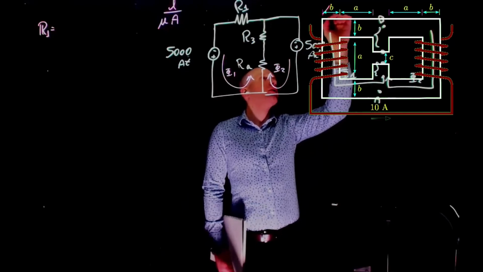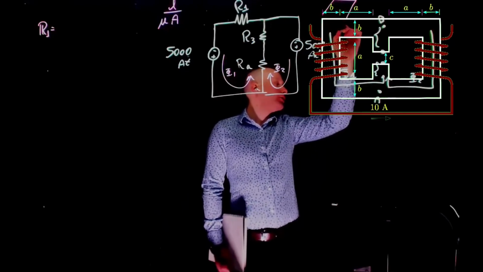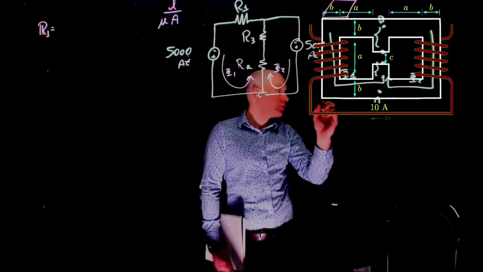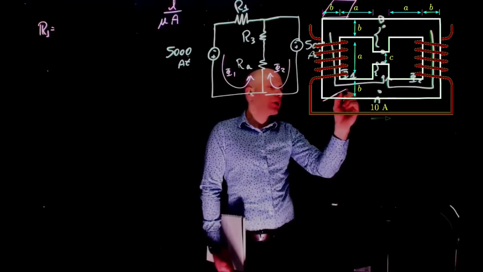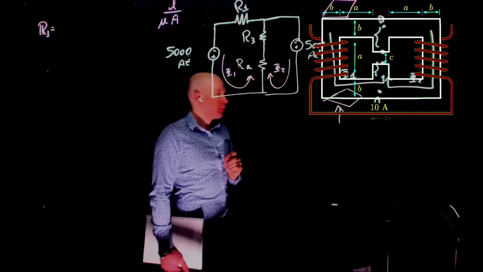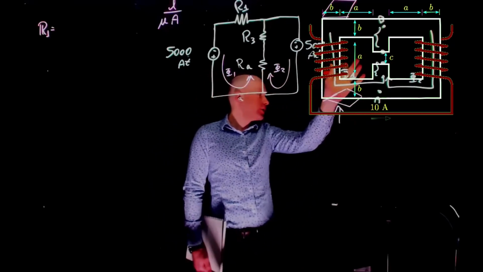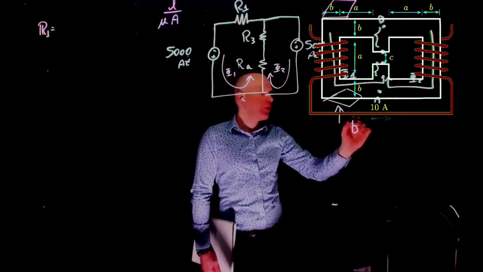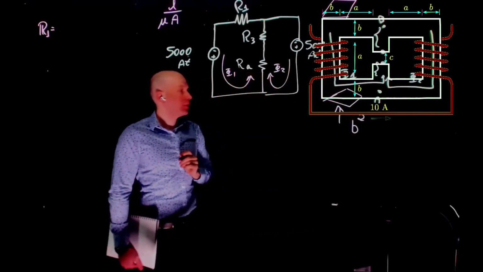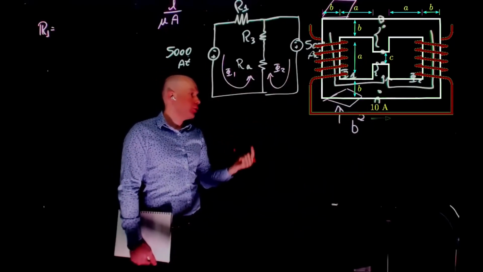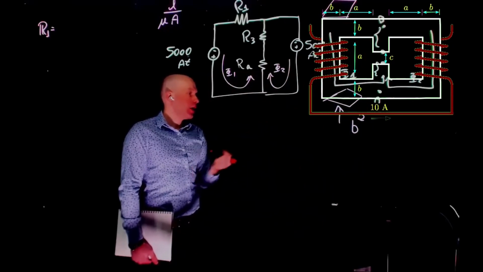We can draw that part here. I don't know if you can see. I think I drew it too high. It would be something that goes into the board like that, where the magnetic flux goes through. Because the thickness of this wall is B, the cross-sectional area will be B squared. Is that clear? The cross-sectional area through which the magnetic flux goes is B squared.